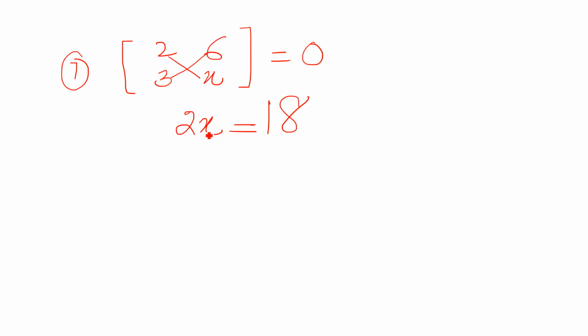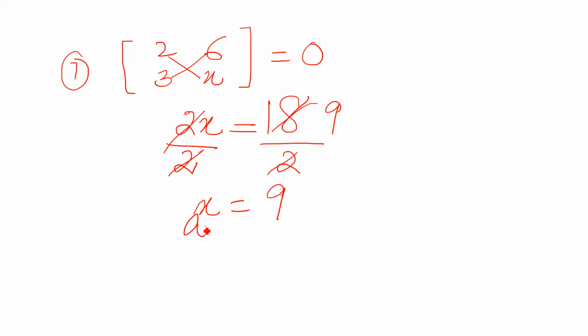We do not want anything with x. So what is the relation between 2 and x? They are multiplying each other, and the opposite of multiplication is division. So you have to divide here by 2. Whatever we do on the left hand side, same thing we have to do on the right hand side, divide by 2. This 2 will cancel out. X is equal to 9, and A is your answer in your multiple choice question. If you see 9, 12 whatever, A is the answer. So simple. You have to find out the value of x.